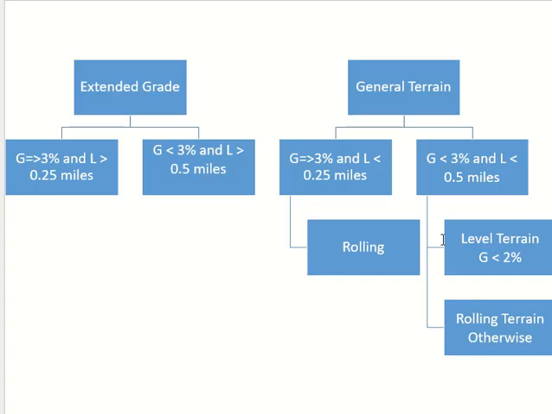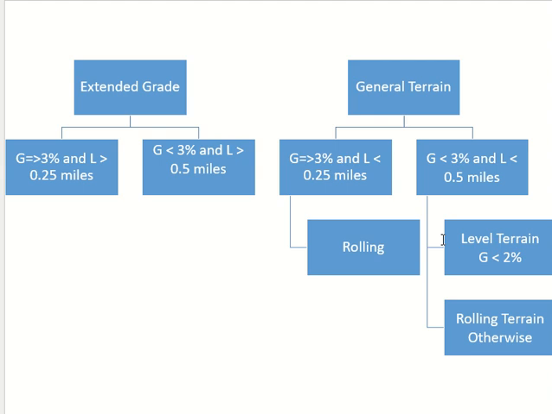For the gradient, you can see the gradient is 4.5%, the length is 2 miles. Which is this condition, right? Gradient more than 3%, length more than 0.25 miles. I have an extended gradient here. In the previous example, when we had a gradient, we did the analysis for both directions, right? So we will do the same thing here for upward as well as downward.